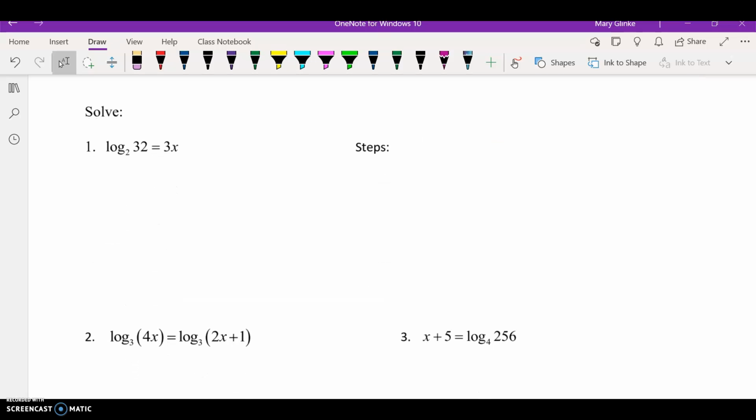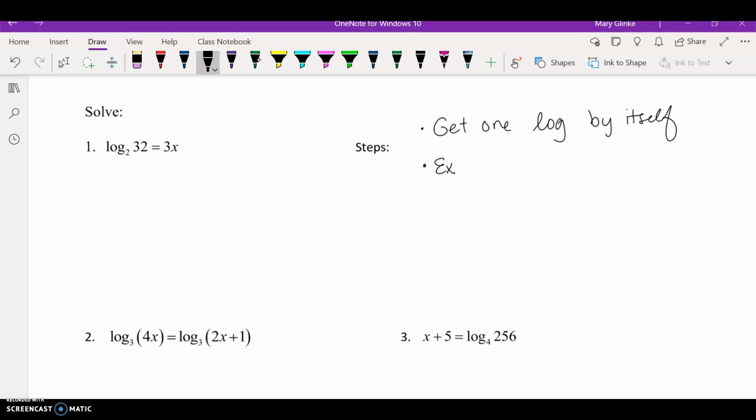Now, the first couple might be a little bit weird to get used to, but if you keep going through that process, you can solve all logarithmic equations using the same process. So step number 1 is going to be to get one log by itself. Okay, get a log by itself.